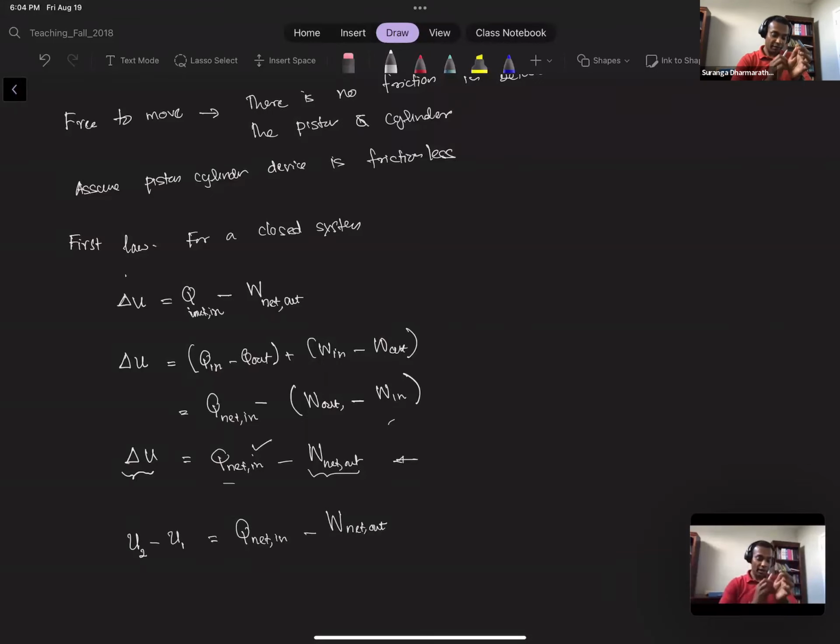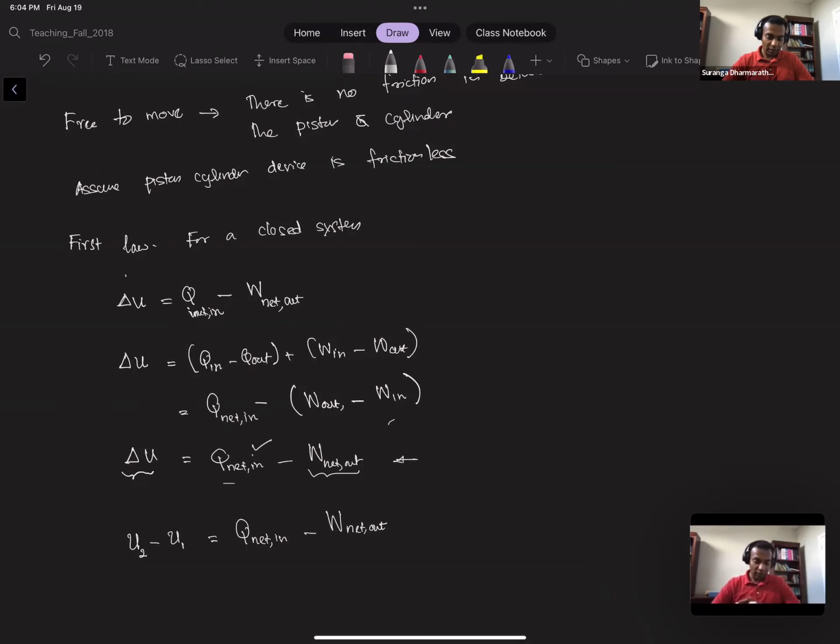Now we need a method to quantify what this delta U value is.